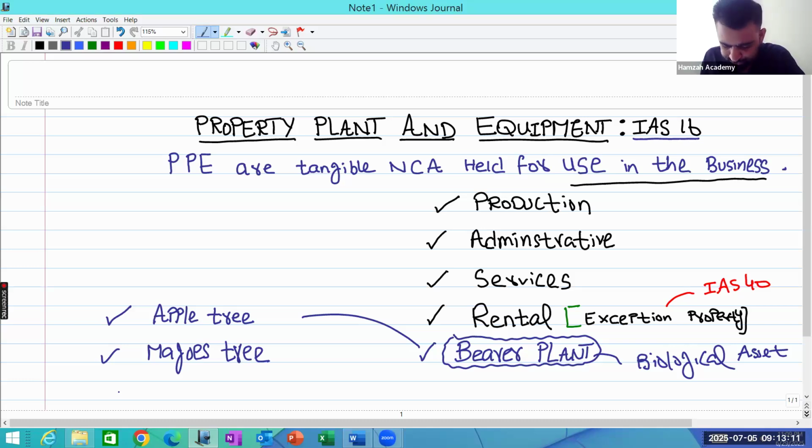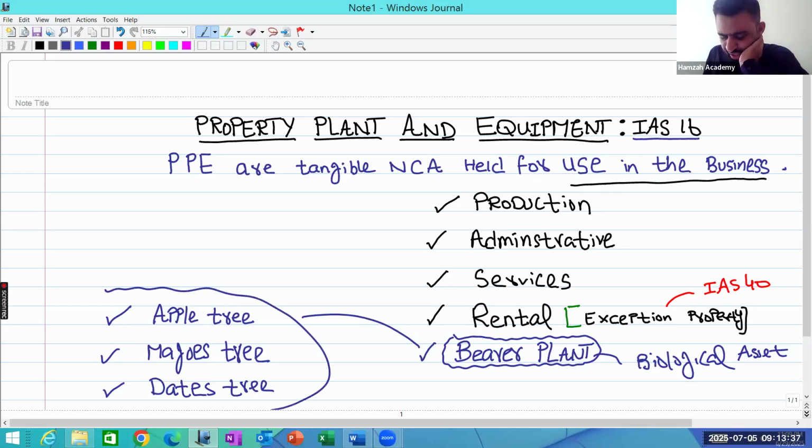Mango tree, or you can say any fruit tree like dates, or pineapple. So such plants are known as bearer plants.